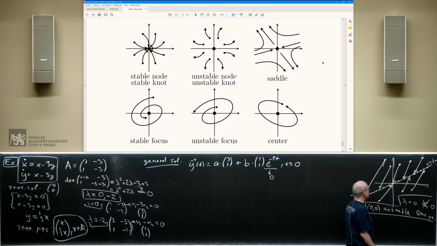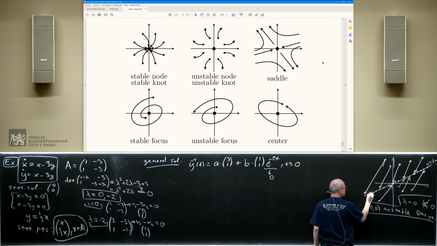Direction is 1, 1. What does it mean? Well, imagine that we are sitting at the origin and we move away a little bit. If we move in this direction, we return back along our orbit. But if we move in this direction, then the orbit moves us here. We never get back. And that's why this guy is unstable. And the same argument applies to all those stationary solutions.